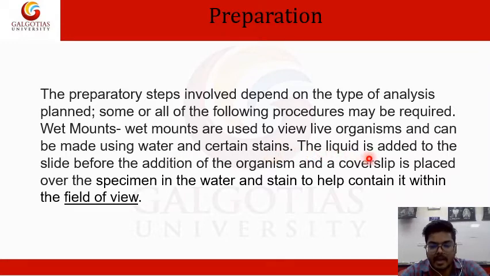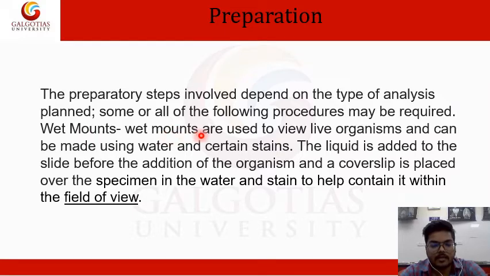The liquid is added to the slide before addition of the organism, and a cover slip is placed over the specimen in the water and stain to help contain it within the field of view. So basically, in the preparation for the staining method there are many steps involved, like the type of analysis planned, which type of substance we are using, and which type of samples we are using, like specimens, blood samples, CSF samples, and other things. Wet mounts.